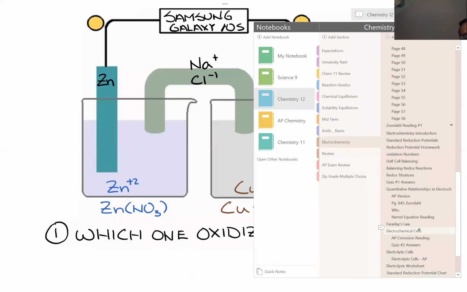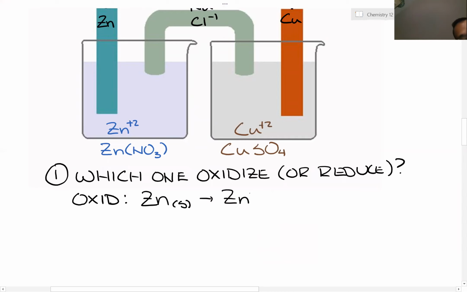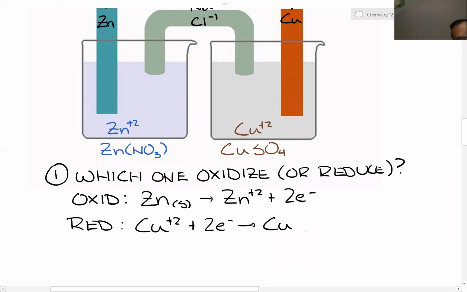So here, under oxidation, I have my zinc solid goes to zinc plus 2 and 2 electrons. And for my reduction, by default, I will have my copper plus 2 ions plus 2 electrons to give you copper solid.